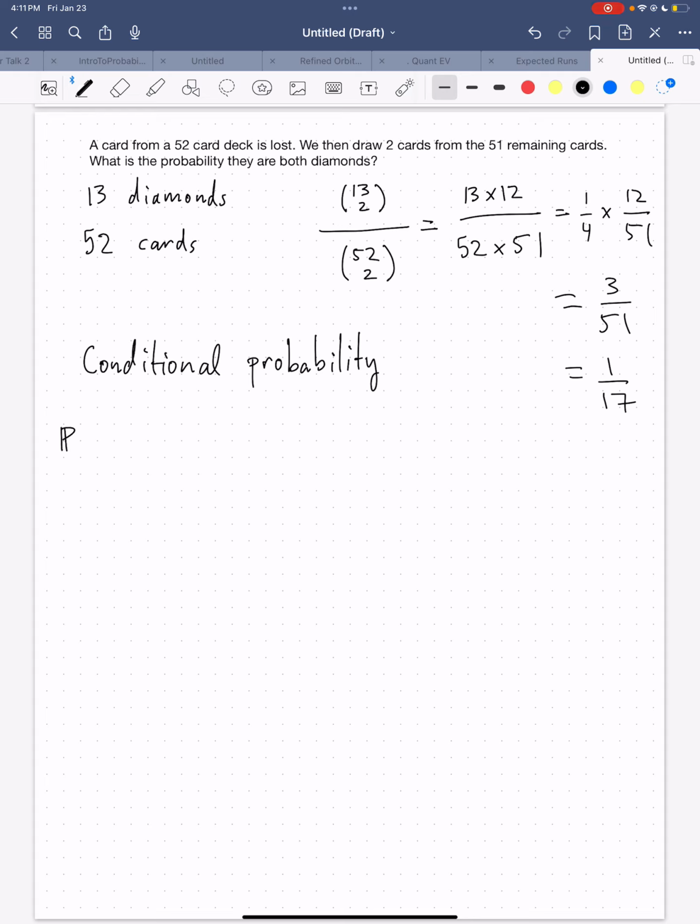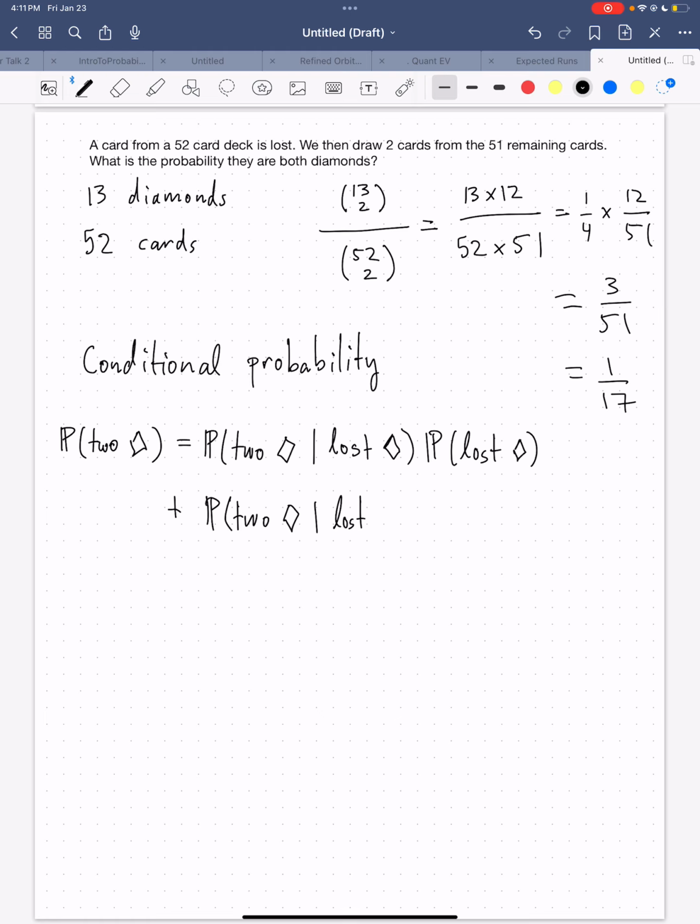And so the probability you have 2 diamonds is the probability you have 2 diamonds given the lost card is a diamond, times the probability the lost card is a diamond, plus the probability you have 2 diamonds given the lost card is not a diamond, times the probability the lost card is not a diamond.